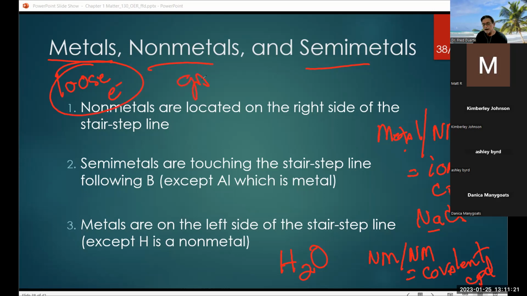Non-metals gain electrons. I'll repeat that. Metals lose electrons, non-metals gain electrons. And by losing and gaining electrons, what is the result? The end result is they have a species that has that magical 8 that they are striving for.